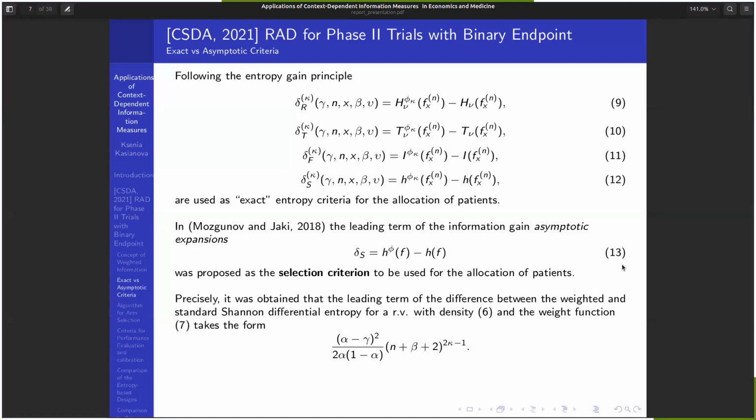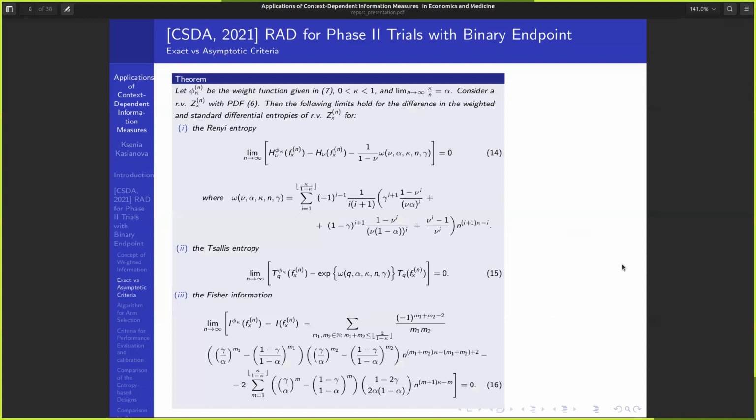Also, we can use the leading term of the asymptotic expansion of this information gain, and by doing this, we can derive the asymptotic criteria for each of the exact versions. In this paper, we showed the formulas for the exact criteria in the case of Renyi, Tsallis, and Fisher information. For Shannon entropy, the results were already published by Pavel Mozgunov et al.